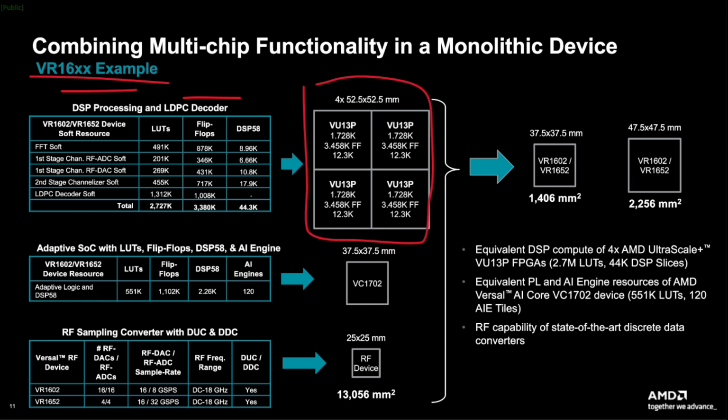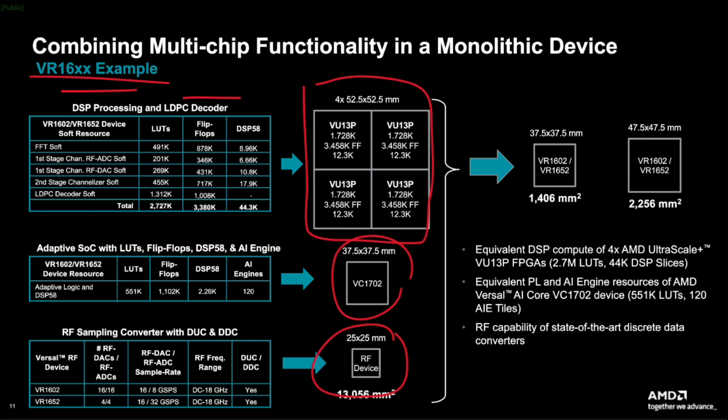In addition, we have a system on chip device with an AI engine block, and the smallest part we would have would be something like the VC1702. In addition, we've stuck in a 16 by 16 RF device that transmits up to 18 gigahertz output frequency. And all of that is crammed into one device, the 1602 or the 1652.